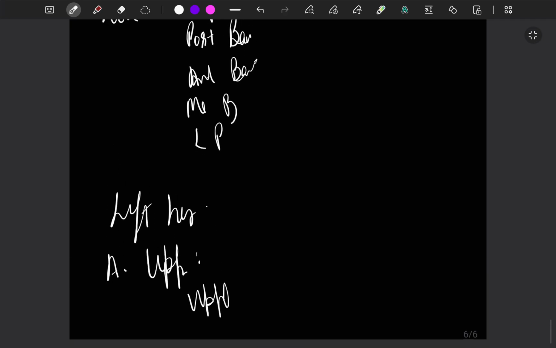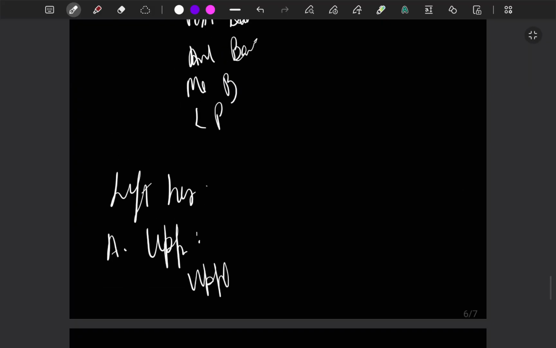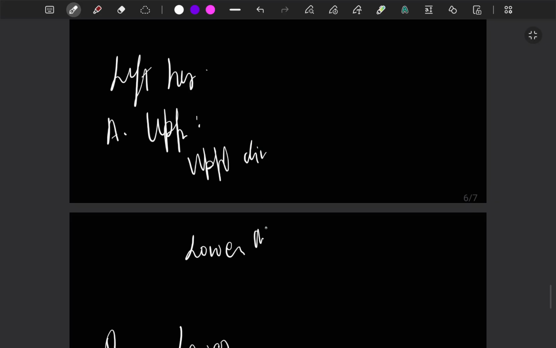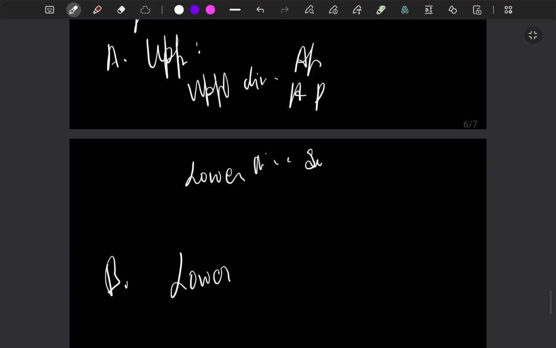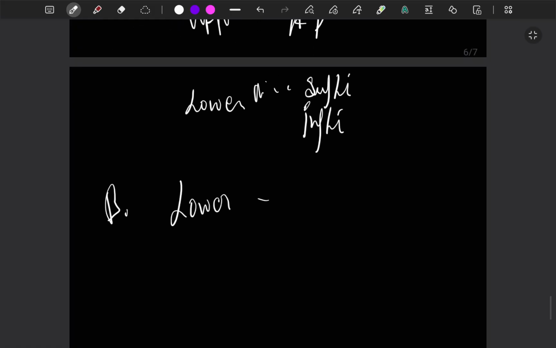upper division and lower division. Okay, and the lower lobe. Now the upper lobe has apical, anterior, posterior segments, whereas the lower division has superior lingual and inferior lingual, whereas the lower lobe has superior, medial basal, posterior basal, anterior basal, lateral basal.